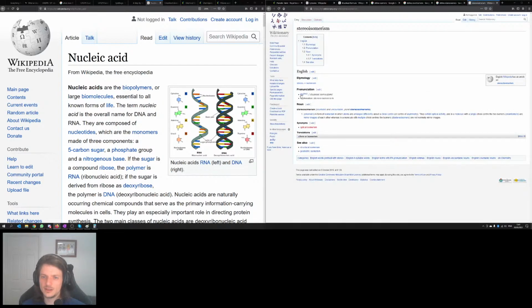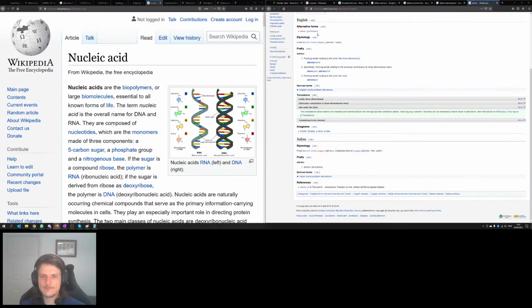Isomerism. Stereo is from stereos, solid. Forming words relating to the solid, three-dimensional. I did not know that. That's really interesting.